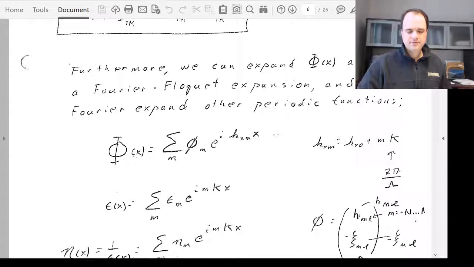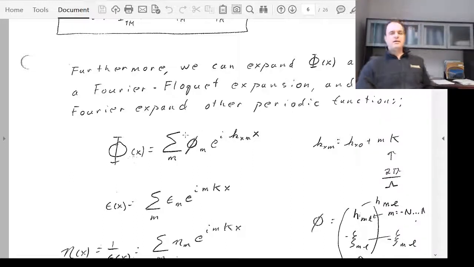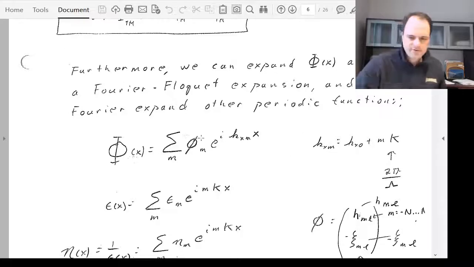So h of z, e of x for the TM polarization, and e of z, h of x for the TE polarization, all of those fields have to have a wave expansion according to this. This is the Floquet theorem.